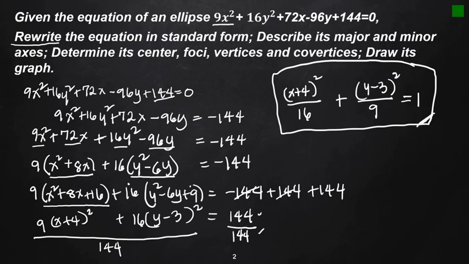Given 9x squared plus 16y squared plus 72x minus 96y plus 144 equal to 0, when we transform this into standard form, this is how it looks like. Okay? x plus 4 quantity squared all over 16 plus y minus 3 quantity squared over 9 equal to 1.